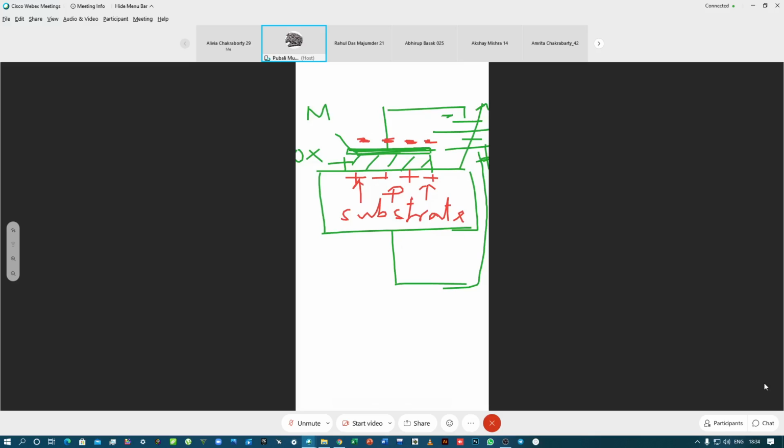This is the oxide semiconductor interface, right? So at the oxide semiconductor interface, there would be an accumulation layer of positive charges or holes.